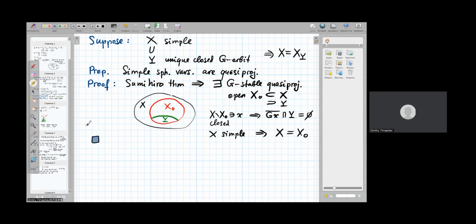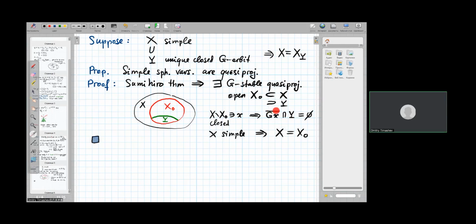Because in the orbit closure there exists a closed orbit sitting in the orbit closure of any other orbit. For instance, you may take the orbit of minimal dimension in the orbit closure.